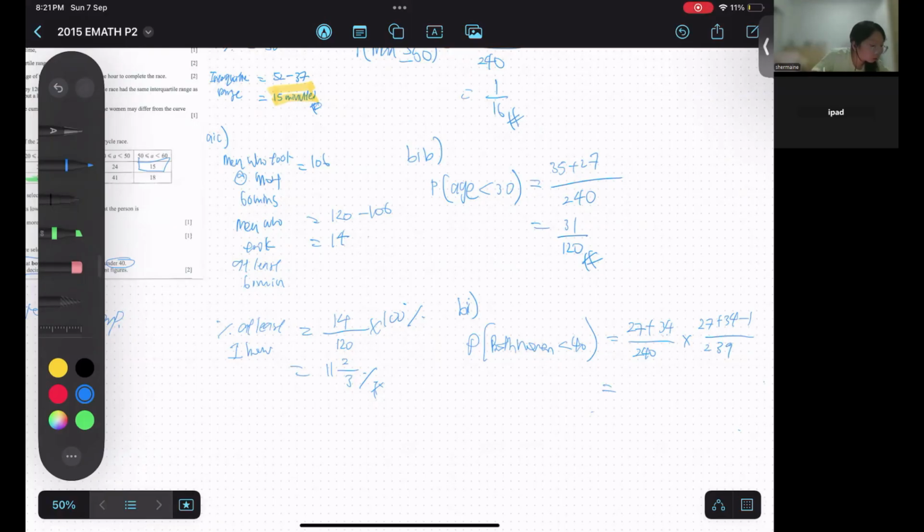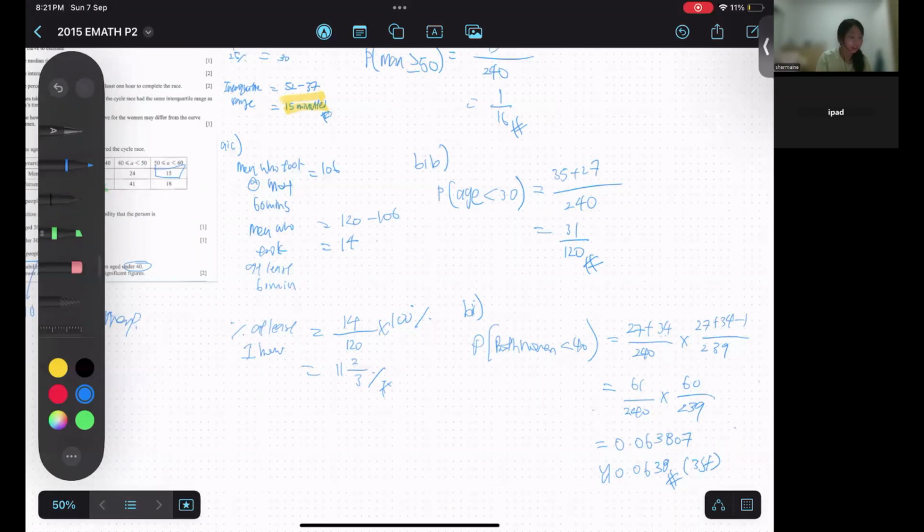So that should give you 61 over 240 times 60 over 239. 0.063807. You round it off to 3 significant figures, 0.0638. And that is question 10.